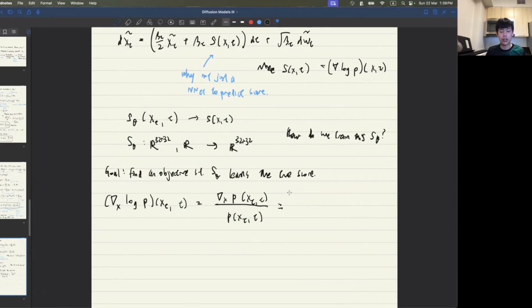If we condition on the initial state x0, conditional probability will give us the gradient of the integral over the space of x, which is R^(32 by 32), of p. For the sake of clarity, I'm going to absorb the t argument of p into the subscript, and I'm going to write it as p_t(xt given x0) times p_0(x0) dx.